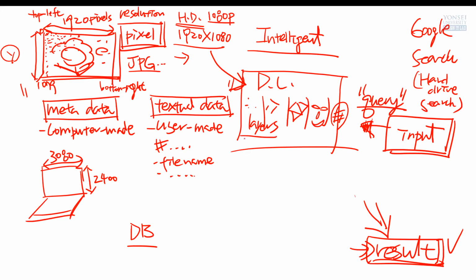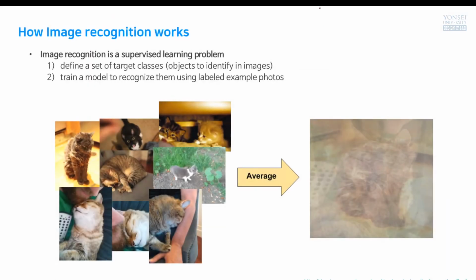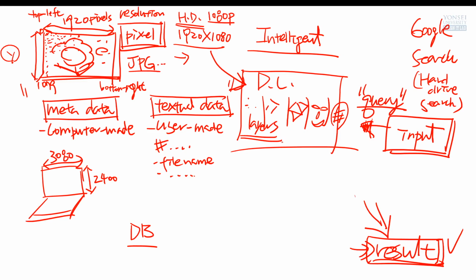So this is a simplified version to show you what layers are in a deep neural network, the mechanism used in deep learning. Based upon these layers, it can find some kind of patterns.